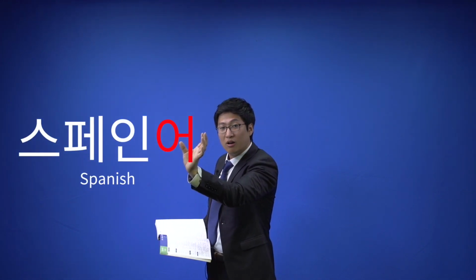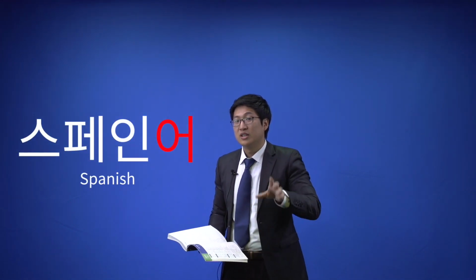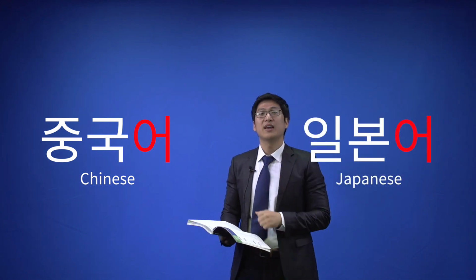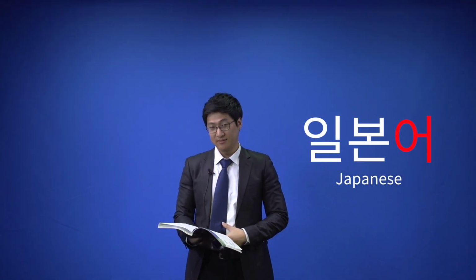We need 어, which means language. So we need the name of the country. How do you say Spain? 스페인. That means Spanish. China. 중국어. That's right. Japan. 일본어.